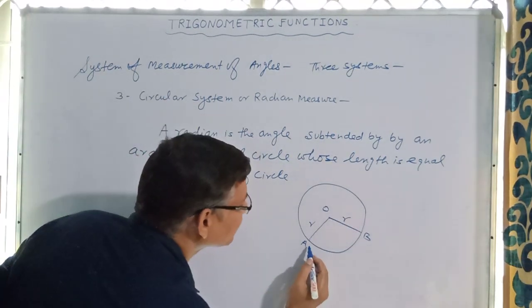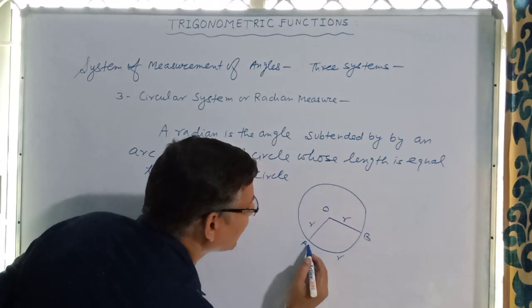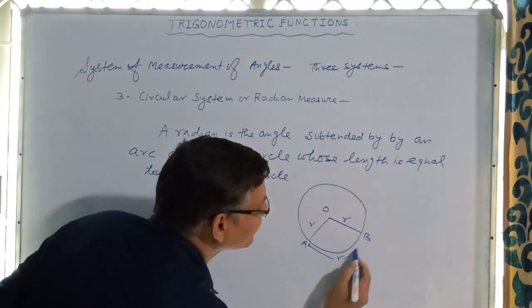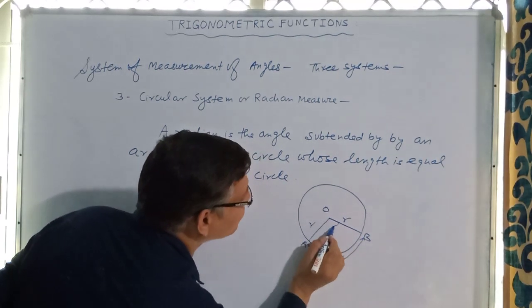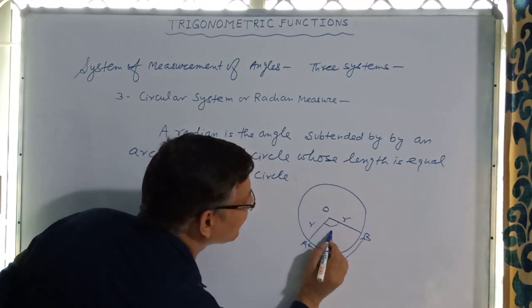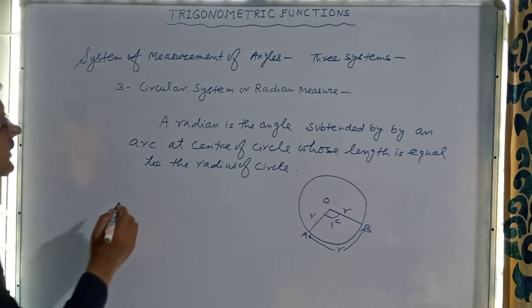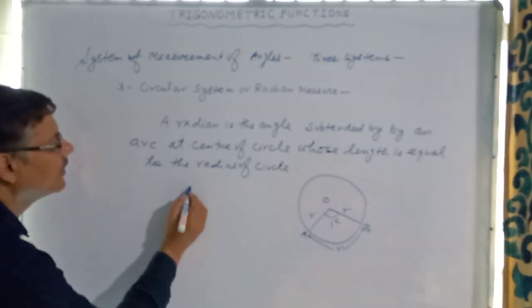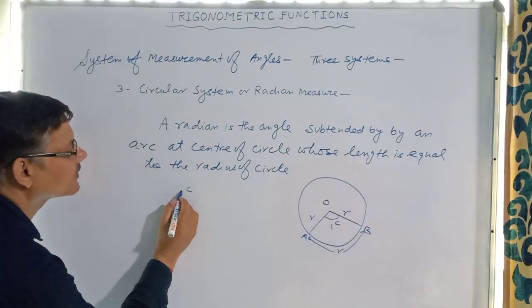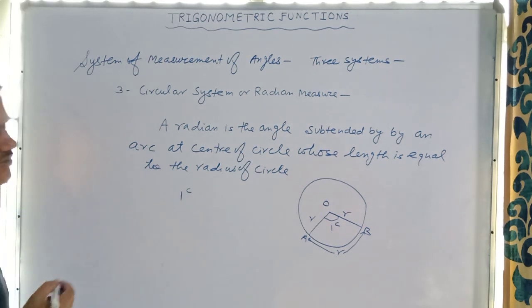If the arc AB has length r, then automatically by the definition of radian, it is called an angle of 1 radian. So we represent 1 radian by writing 1, and for circular measure we write C as superscript.